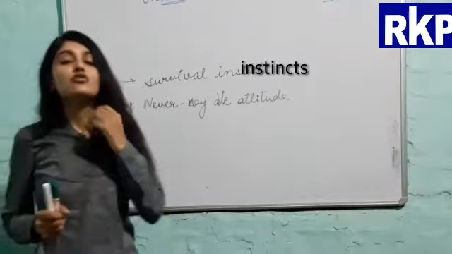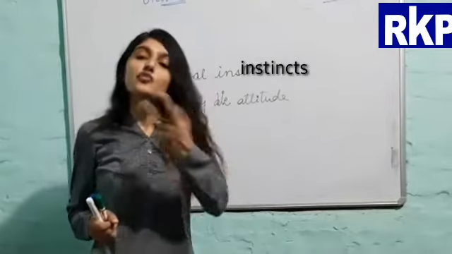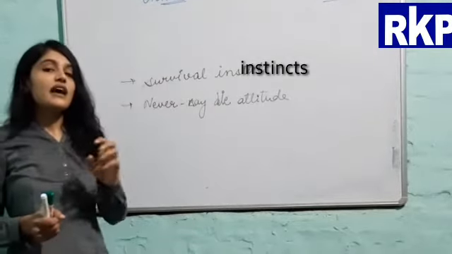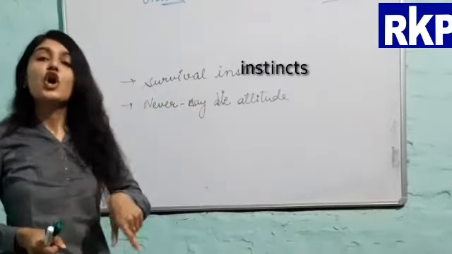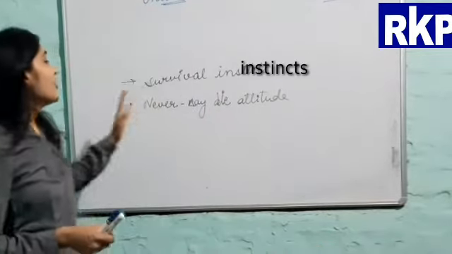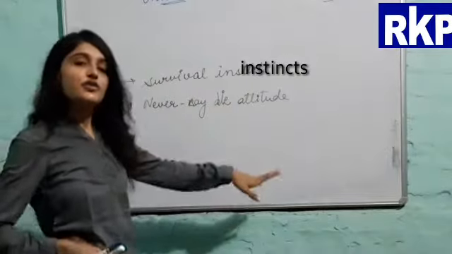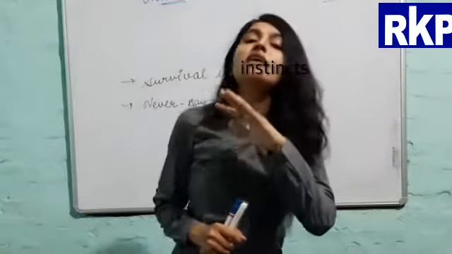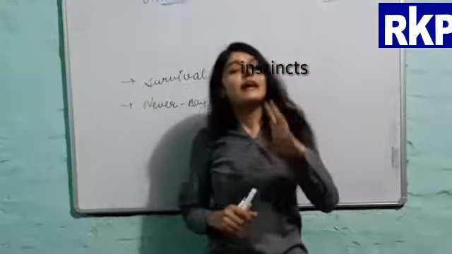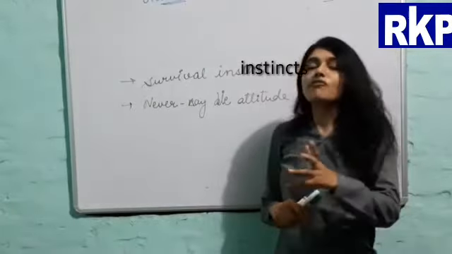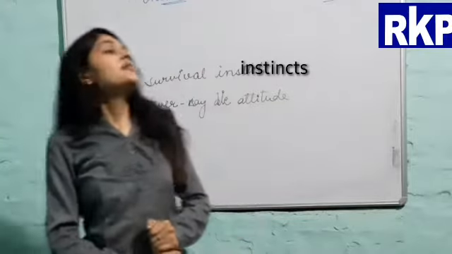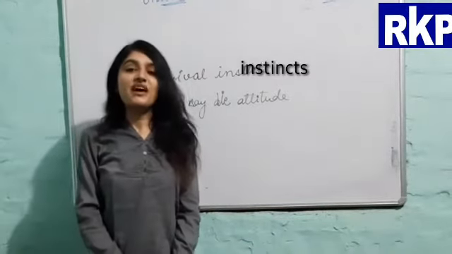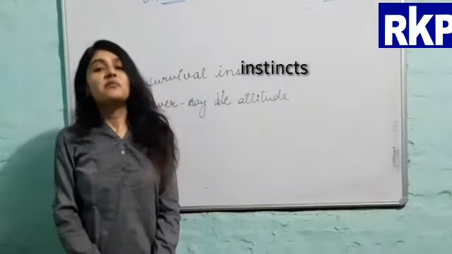So you have to realize your own strengths and weaknesses, and you have to sharpen your strengths and overcome your weaknesses and adopt a never say die attitude in each and every phase of life, at each and every point of life, wherever you are. So I hope the poem is clear to each and everyone. That was all from my side.